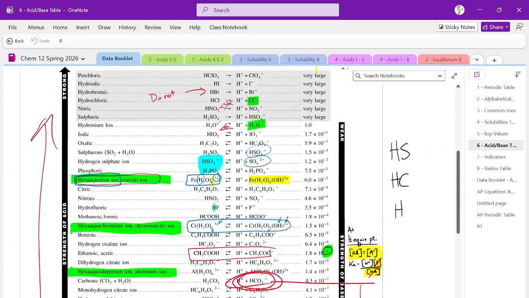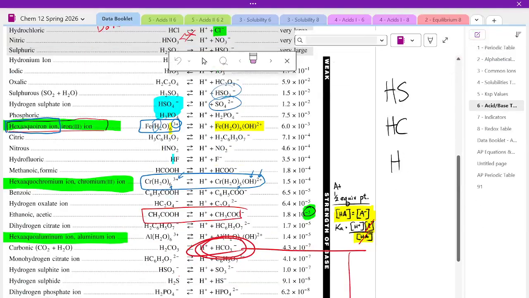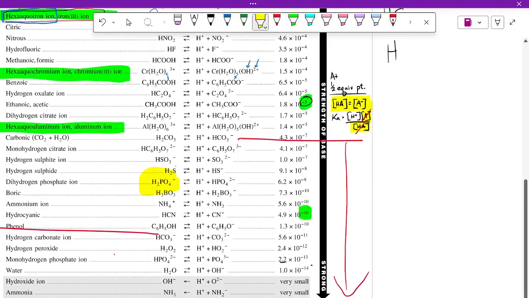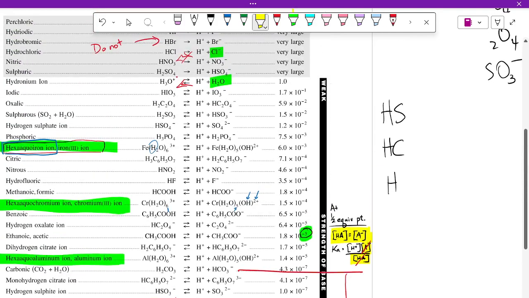We have H2PO4 in yellow, HCO3 in yellow, and HSO3 is here in yellow.